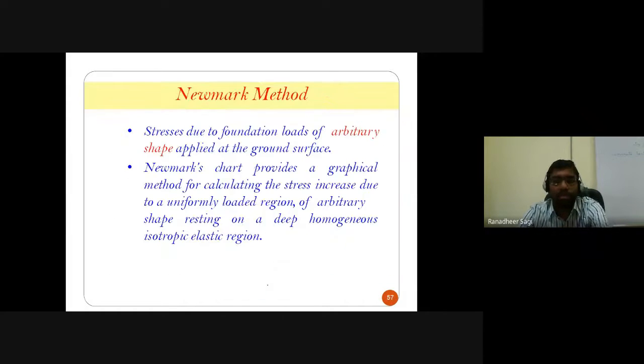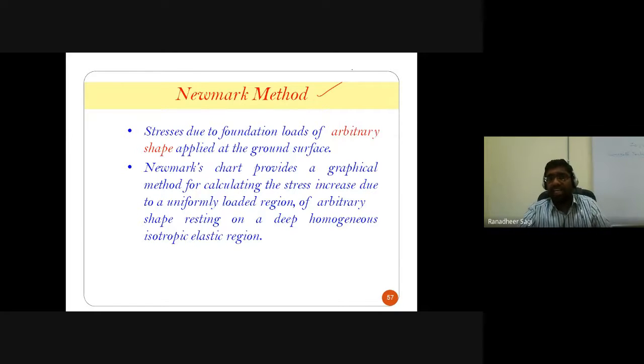And next, and the last, let's quickly understand another method by which we can find out how much vertical stress is developed in the ground or in the soil strata. Newmark's method is actually a graphical approach by which one can find the amount of vertical stress developed in the soil.